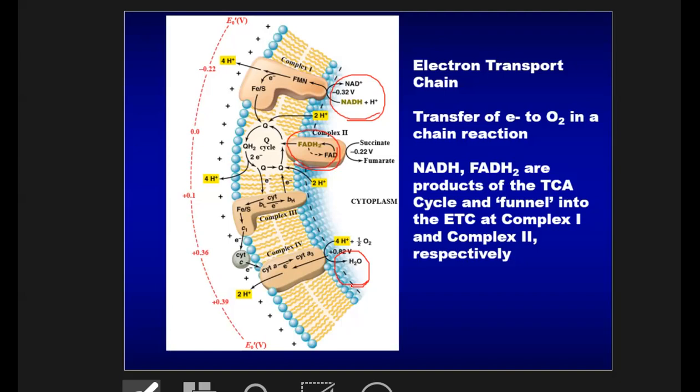So if you look on this, you can see, yeah, okay, there's electron flow going on. And then there's something else going on besides electron flow. What else is moving? Protons.